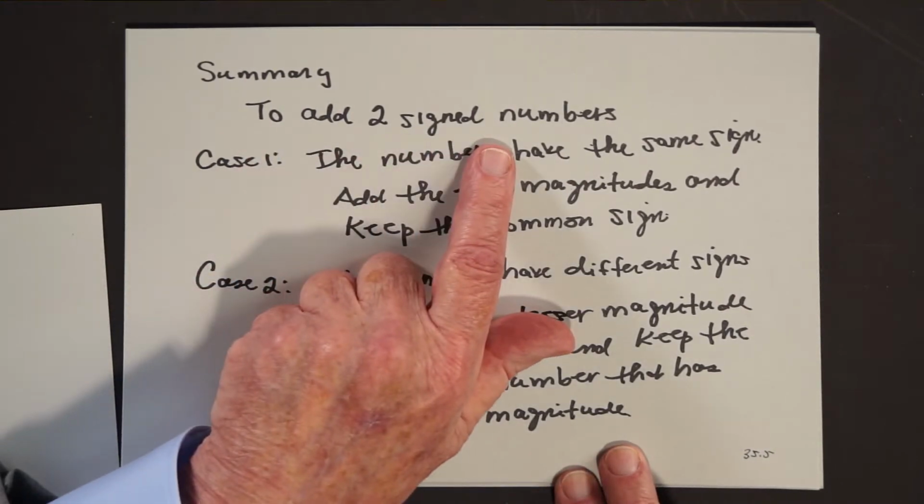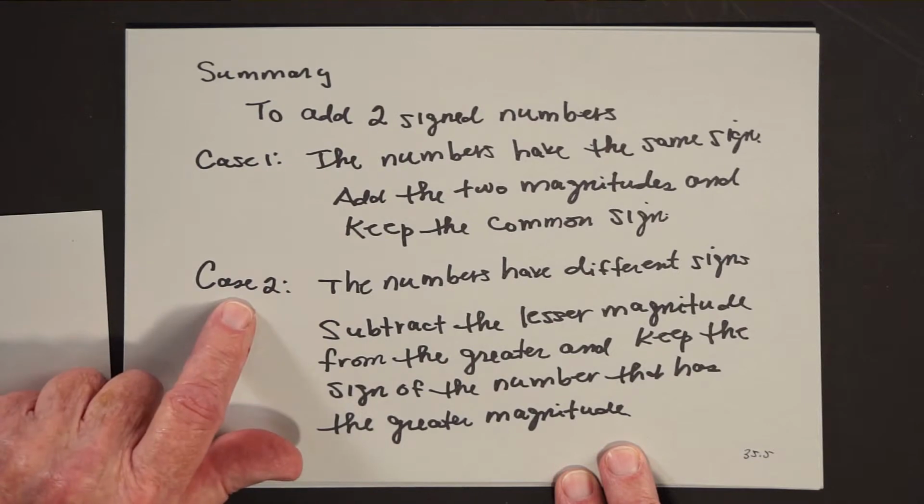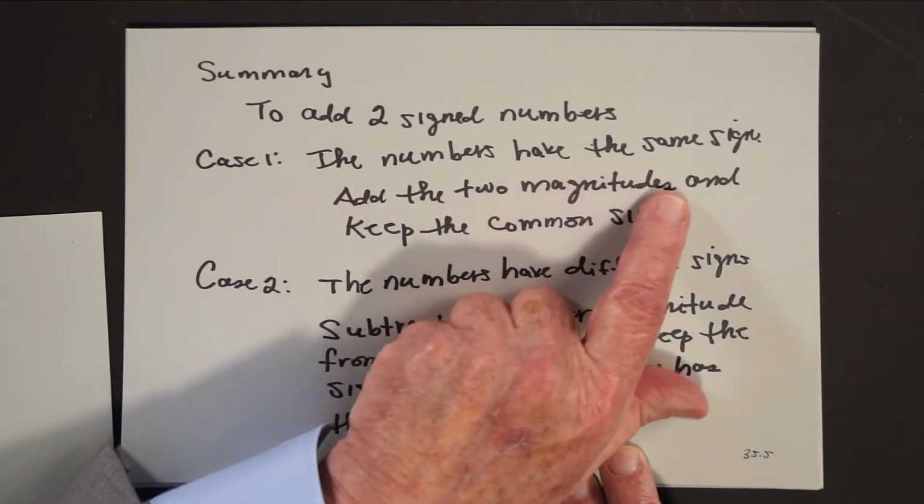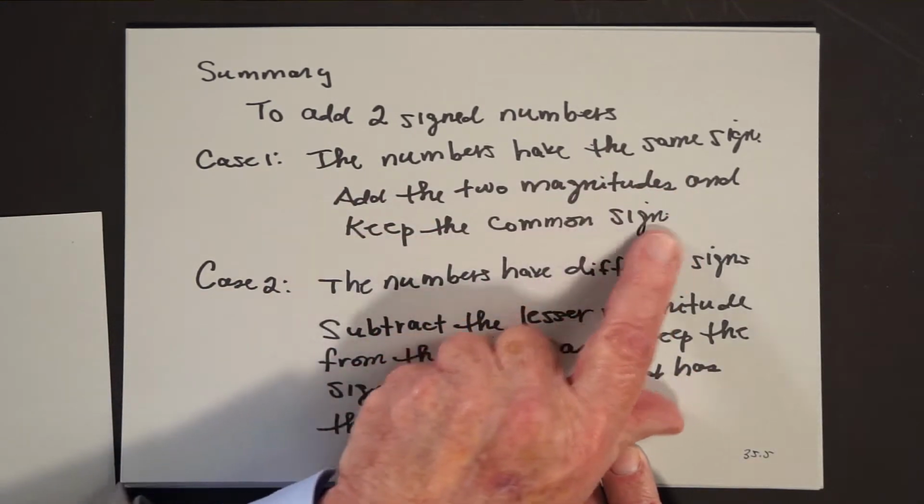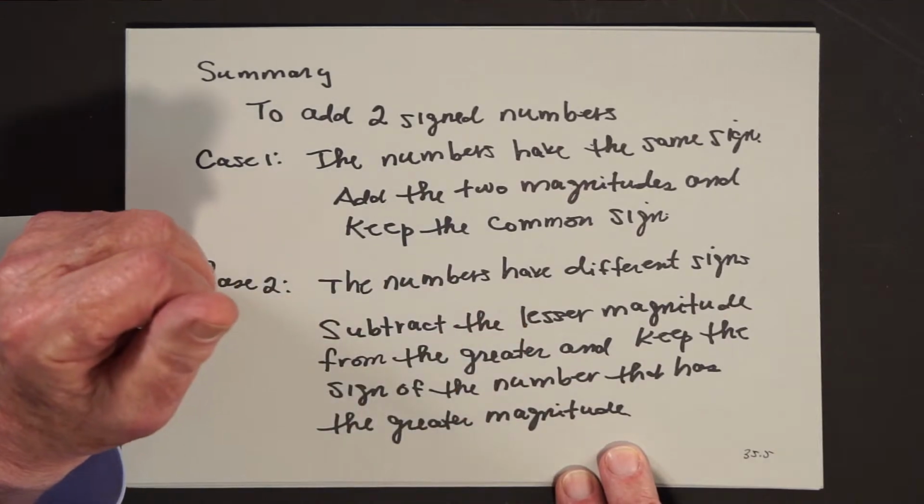To add two signed numbers, we break it down into two cases. If the numbers have the same sign, add the two magnitudes and keep the common sign. And I can see students saying, why didn't he say that in the first place? Well, because you may memorize that mechanically and then use it in the wrong place, where the rule doesn't apply. We'll talk more about that as we go along.